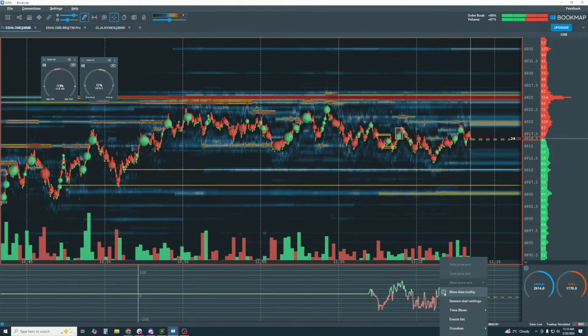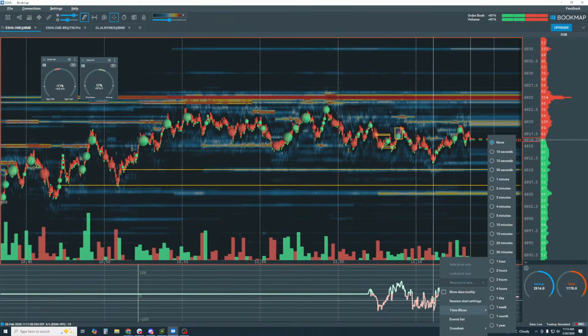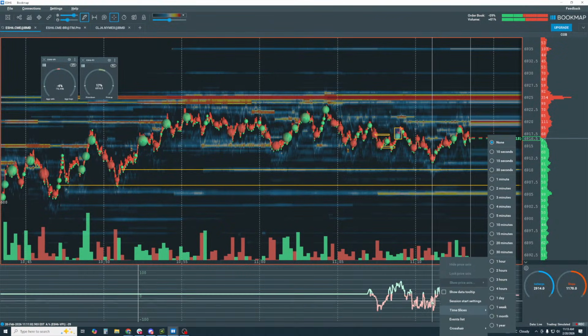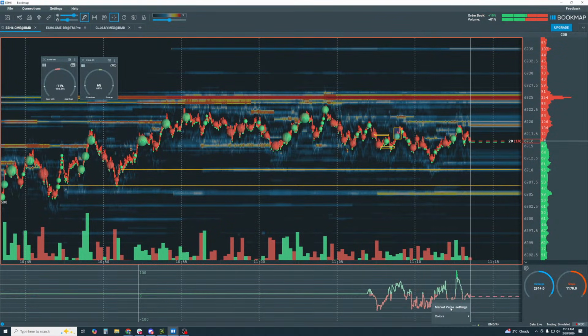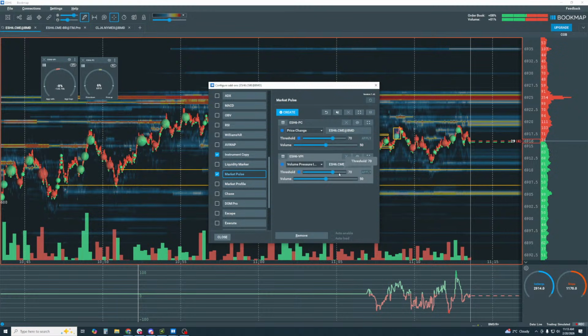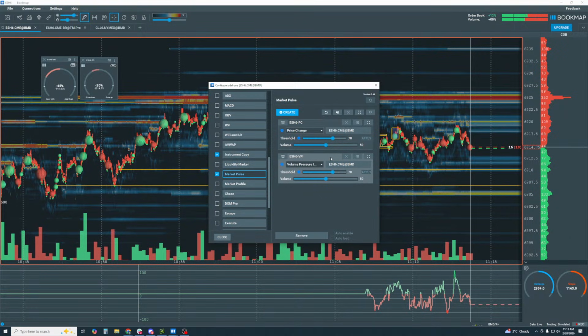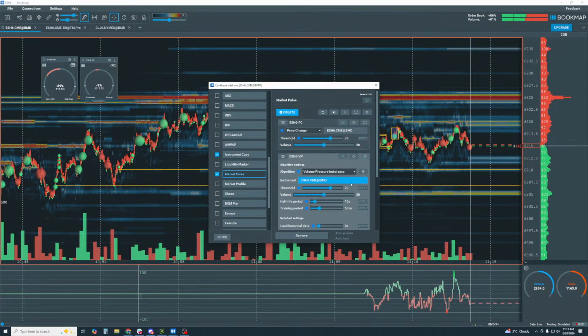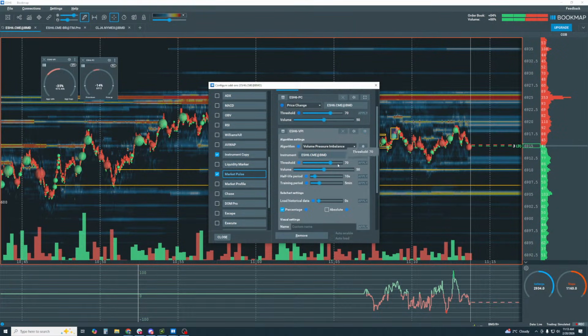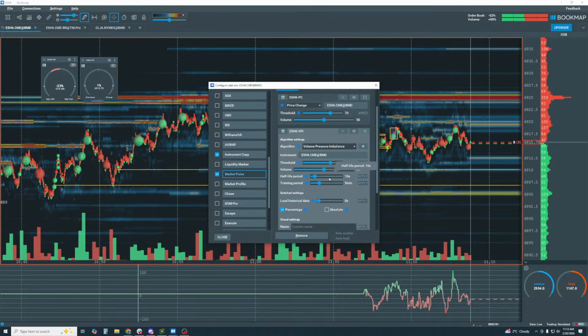Another thing in here, let's go to the settings. I want to show a bit more here. So open it up here and load historical data.